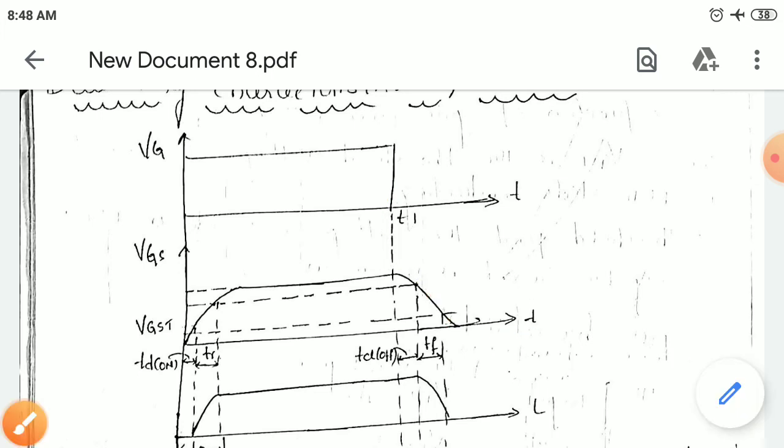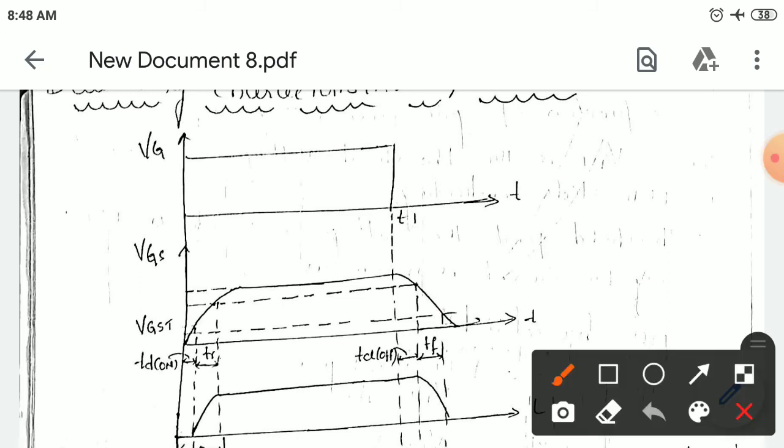Discharging also has two parts. TD off means the capacitor voltage falls from its full value to the threshold point, that is the delay time. Then TF, the fall time. So from its full value to the threshold point it first drops, then from there it falls to 0.